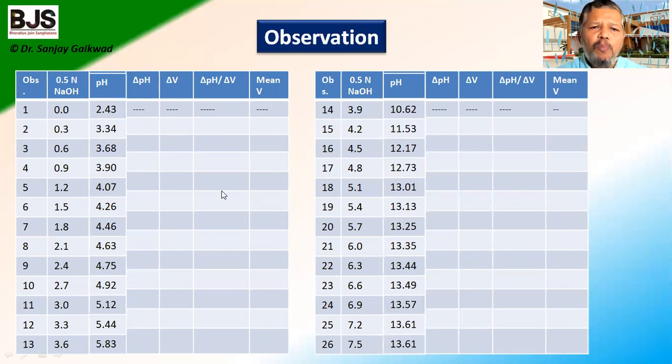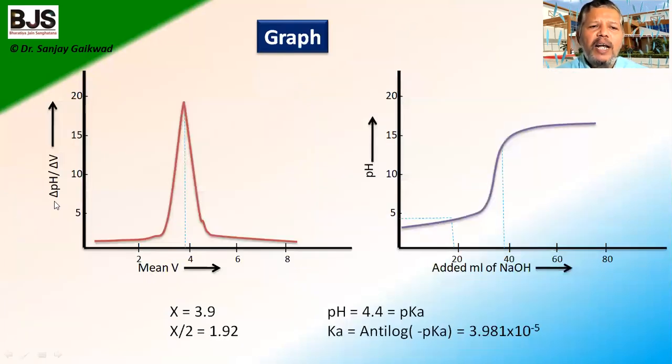After writing, we have to plot the graph of delta pH divided by delta V versus the mean value of V. It is observed that initially a slow increase is seen, and after a certain time it gives an increase in the value of delta pH by delta V, and again decreases, and we get the peak.